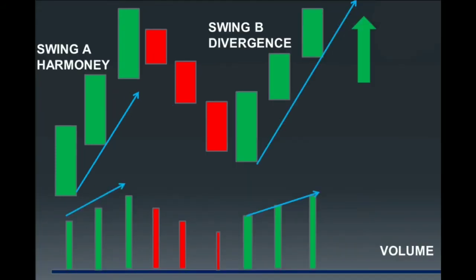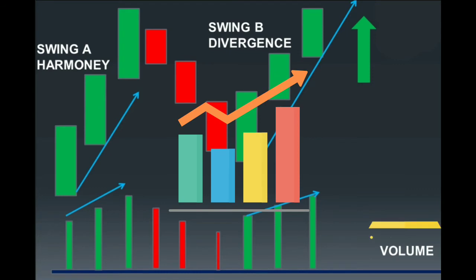Now let's look at a case where price moves in harmony with volume with respect to an uptrend. What do we mean by price moving in harmony during a trend? Price volume harmony means when prices are increasing, the volume too is increasing.